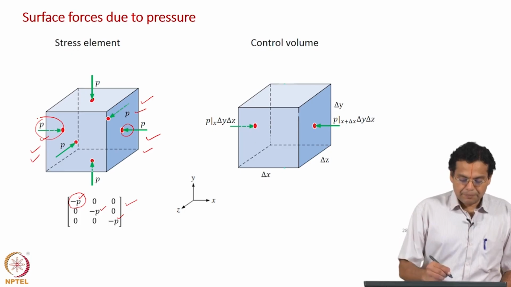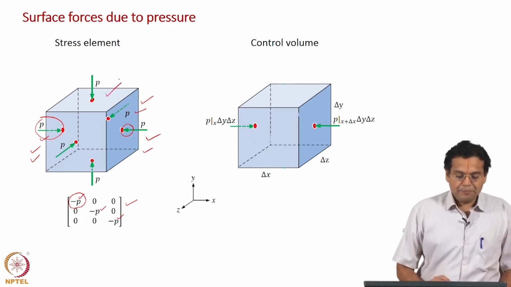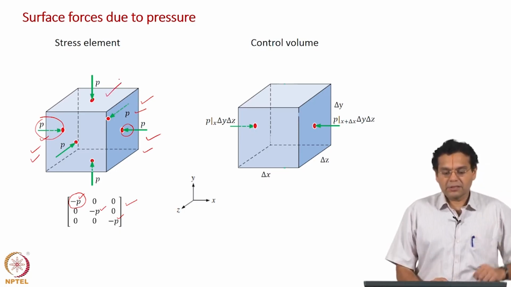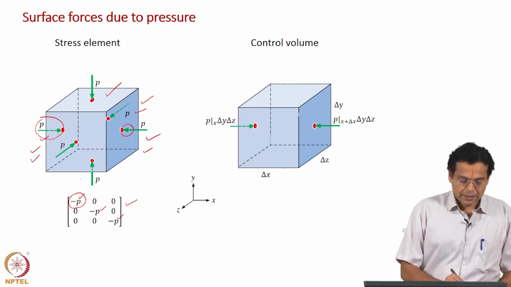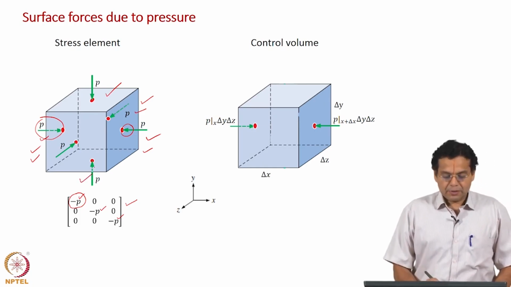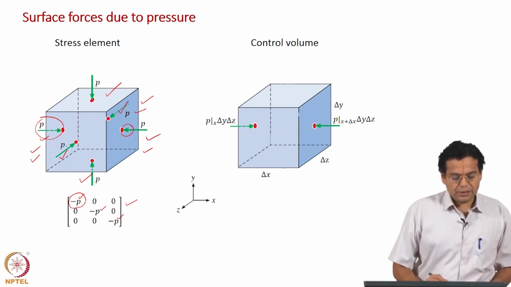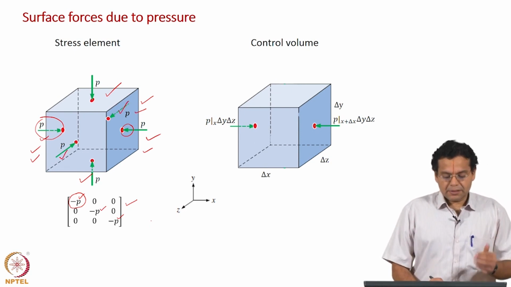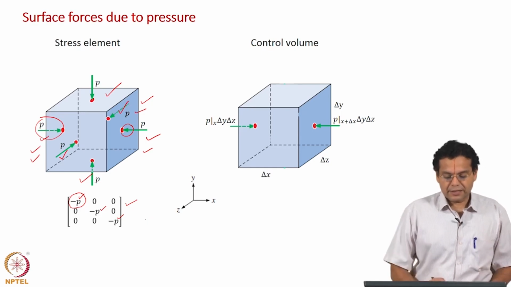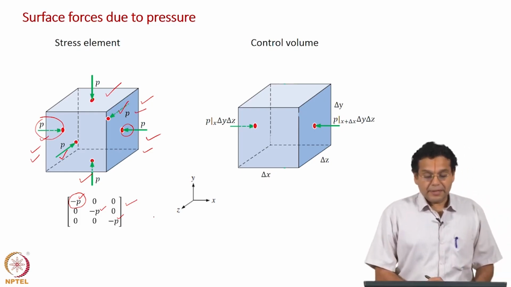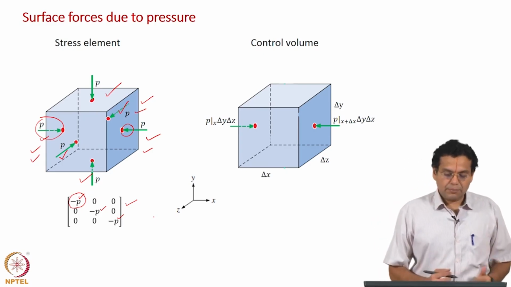For example, this is a positive y face and force is along the negative y axis, and this is a negative y face, force along positive y axis. Okay, in this case this is a positive z face, p is along negative z axis, and the rear face is a negative z face and force is along positive z axis.